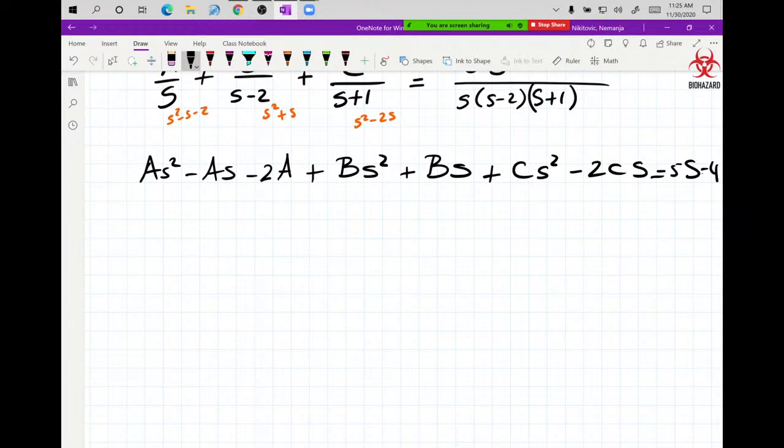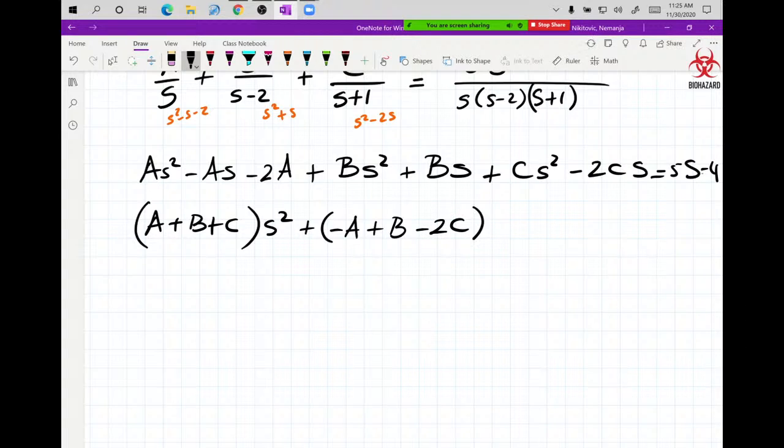And now we collect like terms. So (A plus B plus C) times s squared plus, and now all the s terms, that's (minus A plus B minus 2C) times s. And then we have constants, minus 2A only, equals 5s minus 4.